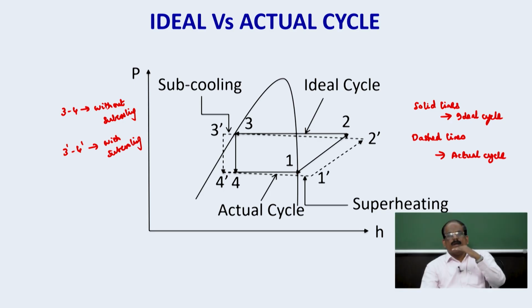So there is a variation in the pressure. There is a pressure drop. So why is the actual cycle process 4 to 1, the dash line, not perpendicular to the y-axis, which is the pressure, whereas the ideal case is perpendicular, a perfect isobaric process.